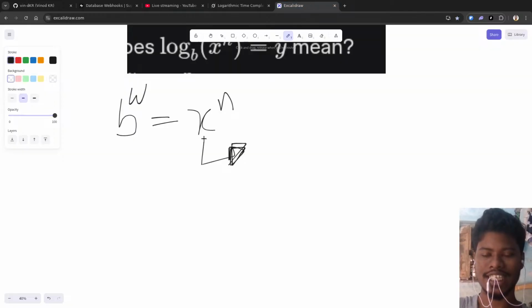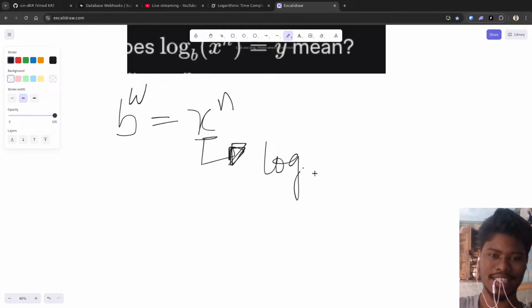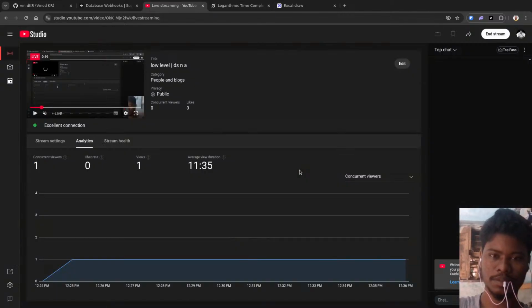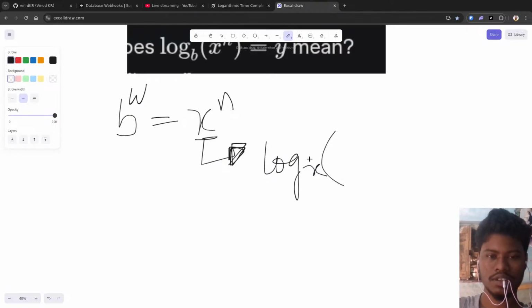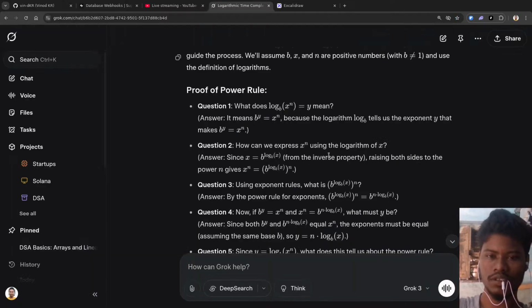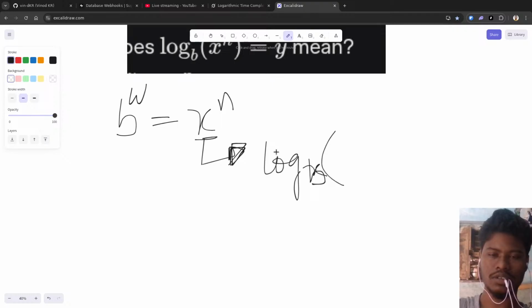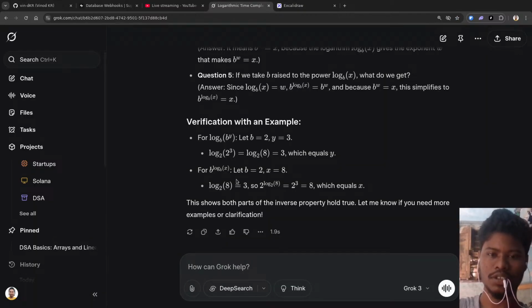So what was the x there? If we do log base b, what was the inverse rule?